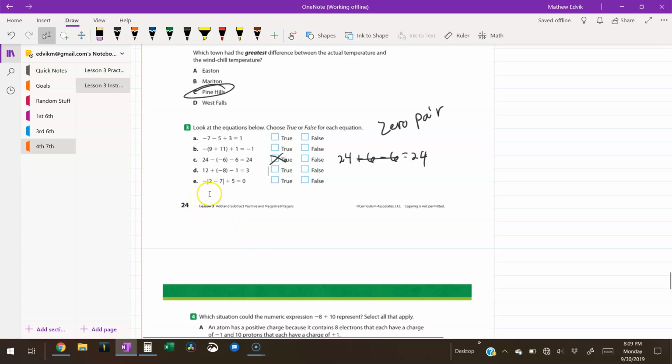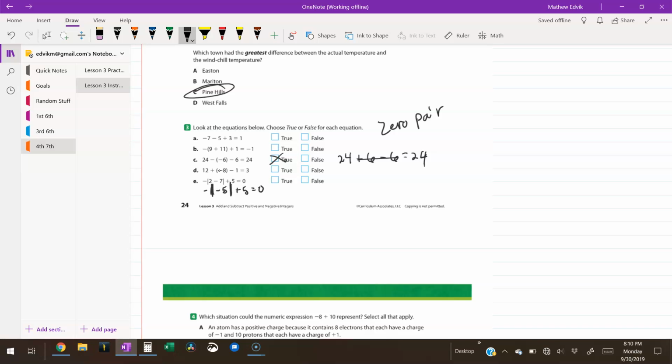And let's see. Let's look at E. That's another one that's a little bit interesting because it has the absolute value. So when you're doing absolute value, you do the subtraction inside of the absolute value first. So 2 minus 7. So you have the negative of the absolute value of 2 minus 7, which is -5, plus 5 equals 0.